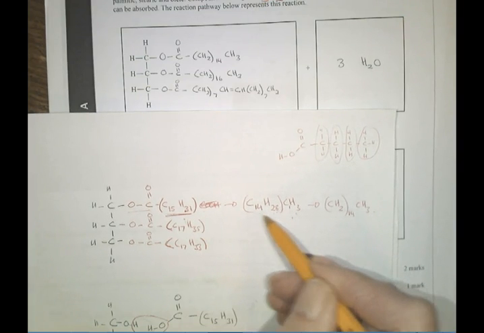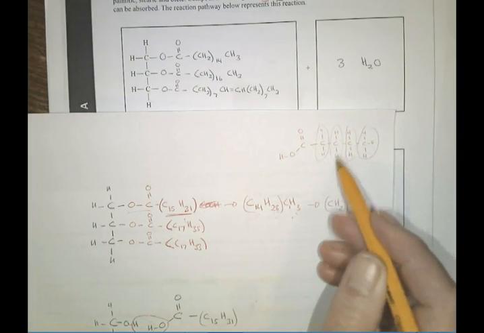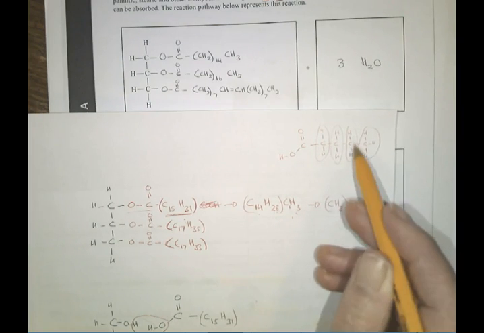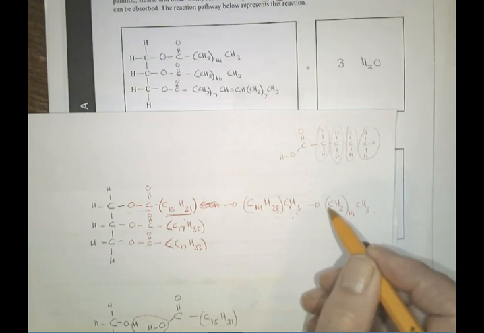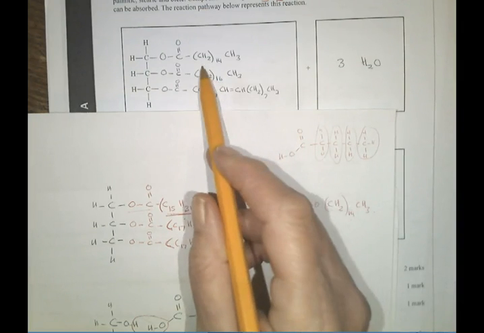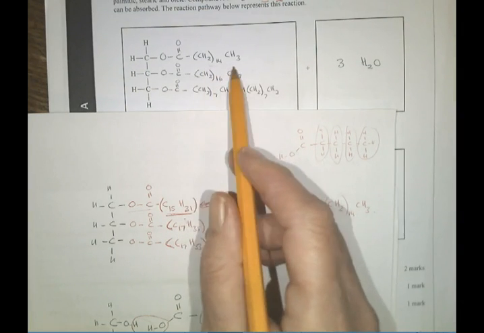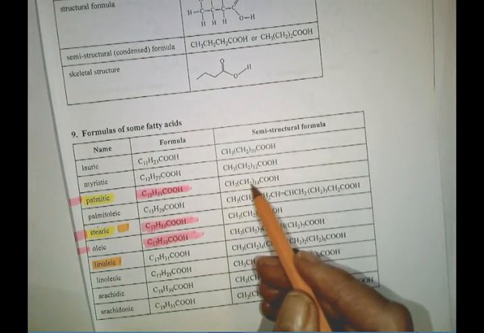Instead of writing it C14H28, you could break it up to do a semi-structural formula. So it's CH2, CH2, CH2, 14 times, so that you had 14 carbons and 28 hydrogens. So they've written this as the semi-structural formula. Rather than stressing out about it, that's also what's written here.